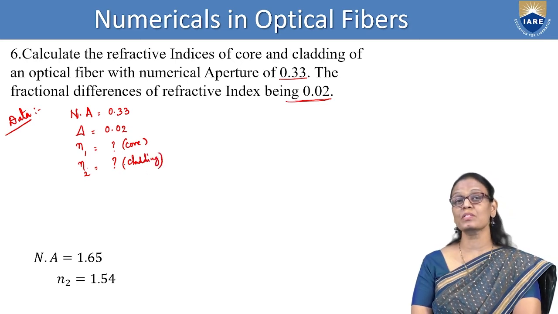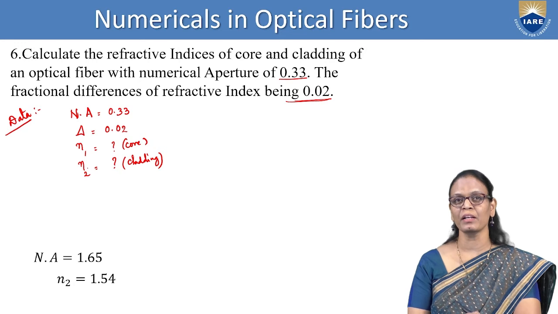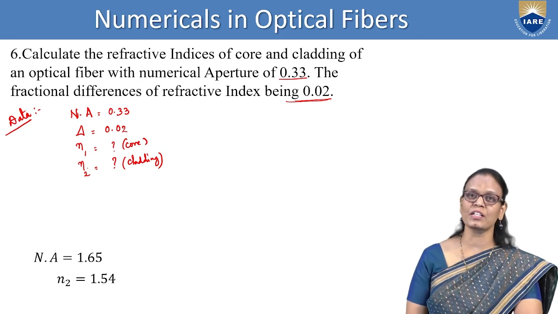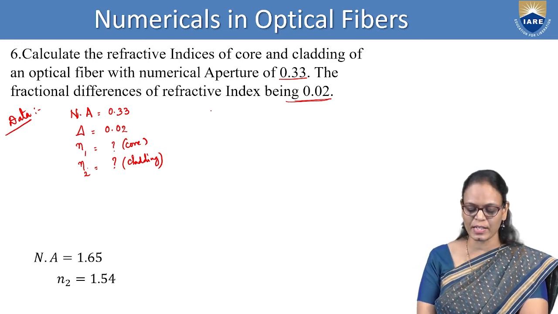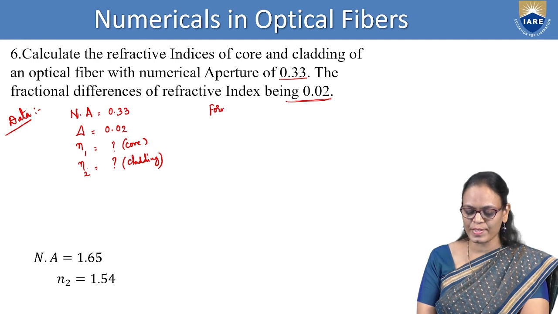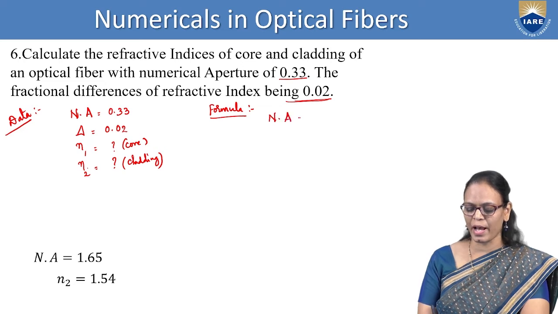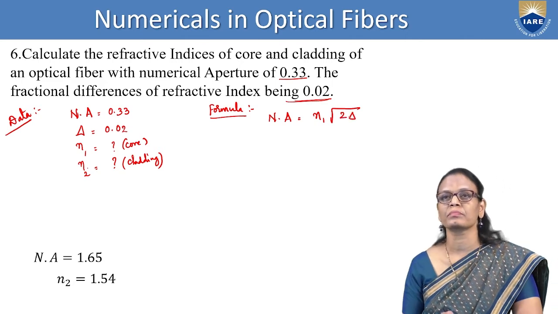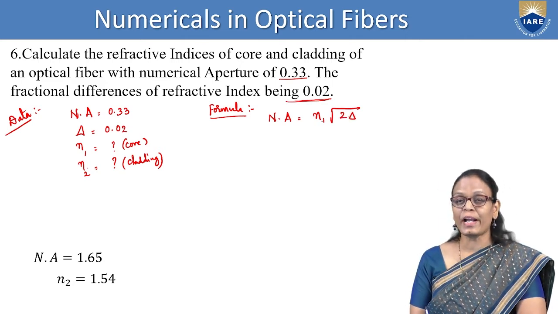So here we'll use the formula of NA in terms of the fractional change in refractive index. While discussing the formula, we have seen that the numerical aperture can be written as N1 under root 2 delta. We have to find N1.